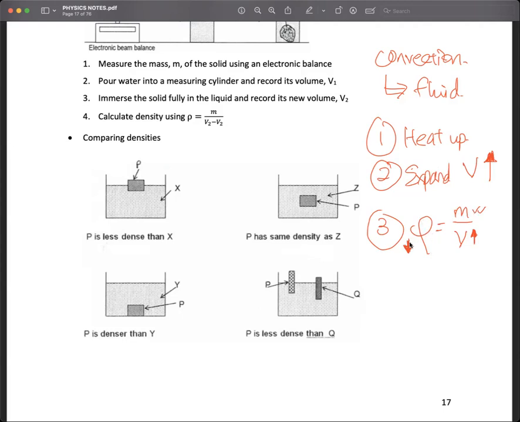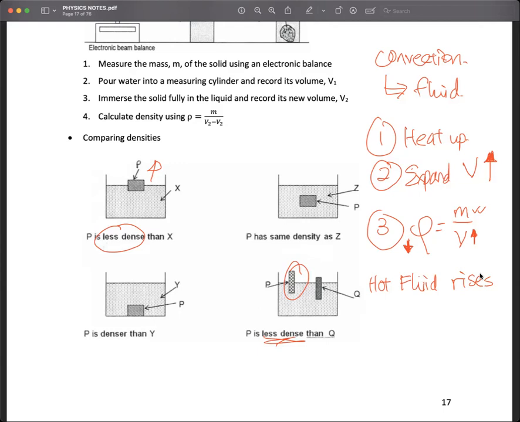The density will drop. So when the density drops, therefore, we have this thing called hot fluid rises. Because when it's less dense, it is on top. So hot fluid rises.